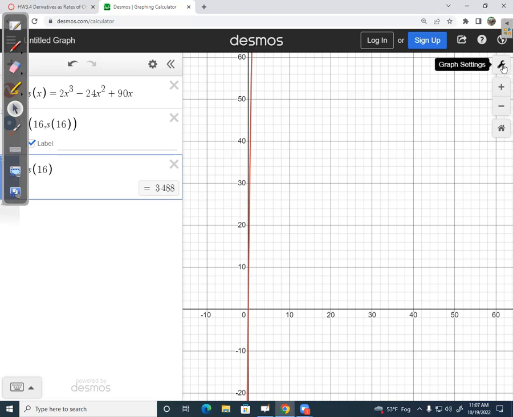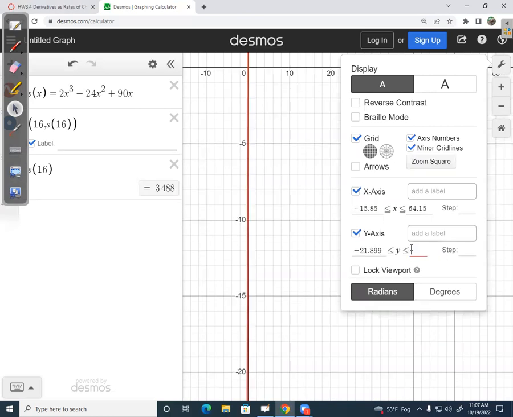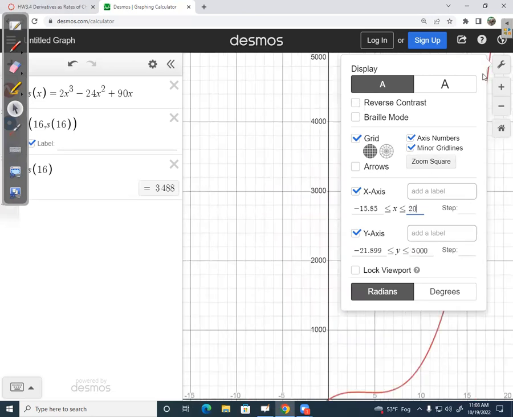So I have to change the scale a bit to see that. So use the wrench to change the scale. Let's go up to 5,000, and then we only need to see up to about 20, which is probably good enough.